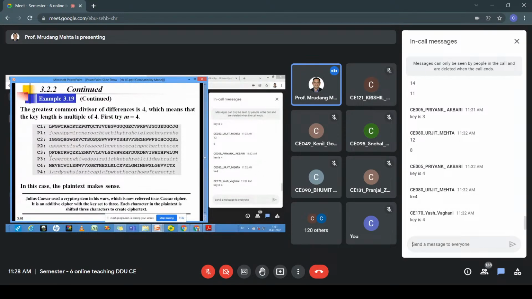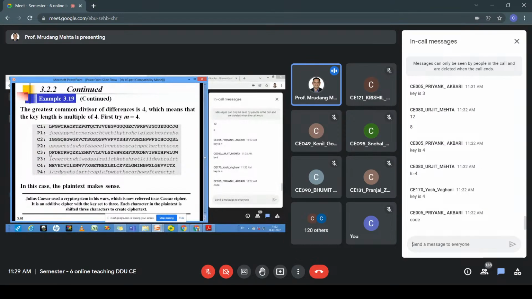Now find the word which is represented by the key. What is the key word of length 4? Key length is 4. Yes. But what is the correct one?